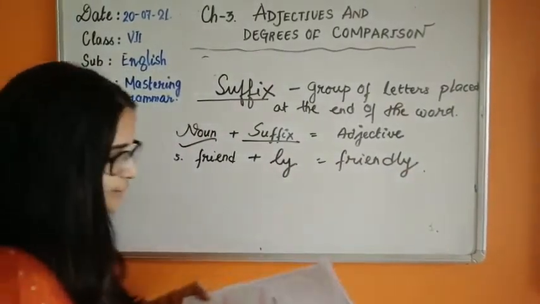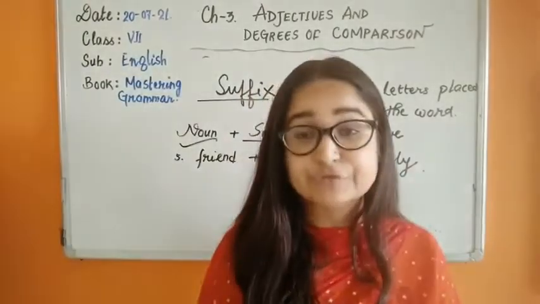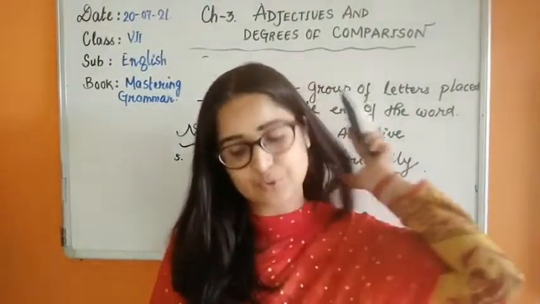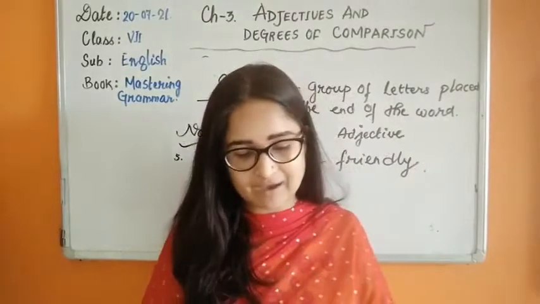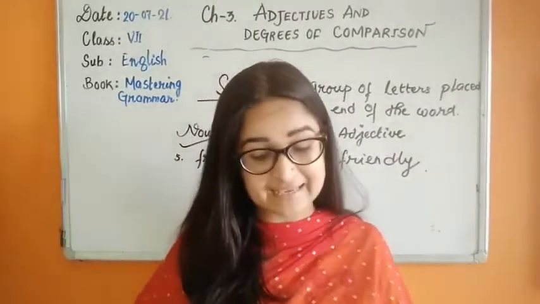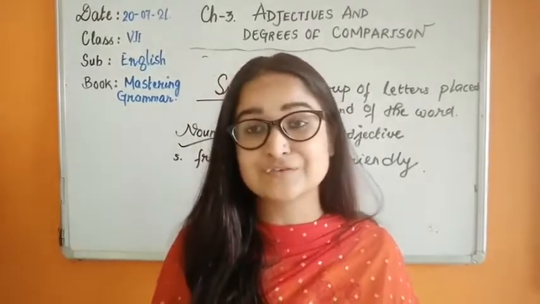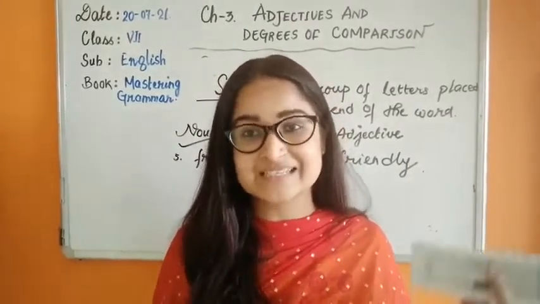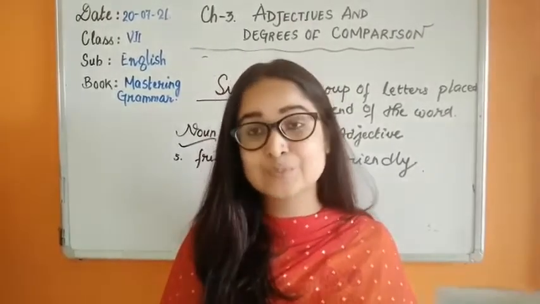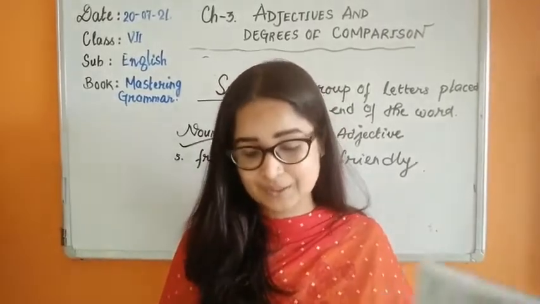So now children, you can see there are lots of examples given in your textbook. We have some words with the suffix al. The root word is accident and the adjective becomes accidental. Okay. Brute, brutal. Crime, criminal.